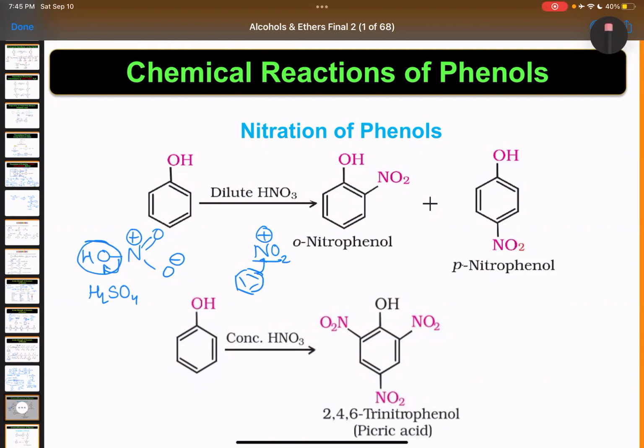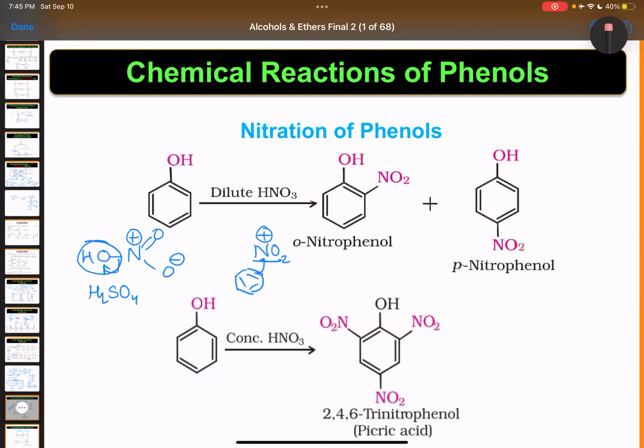So you take H2SO4 to enhance the concentration of NO2 plus, because HNO3 on its own is not going to break into NO2 plus. It's very less.